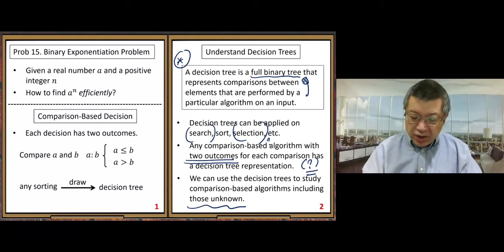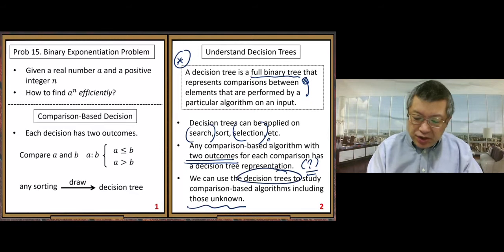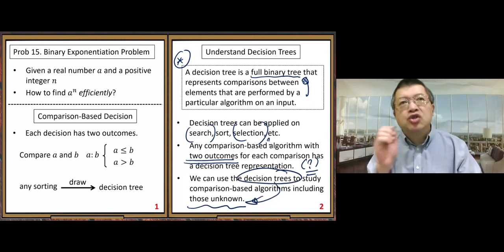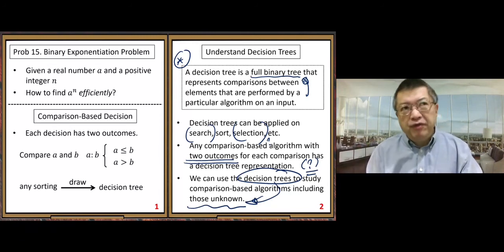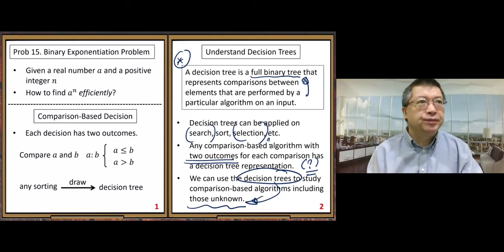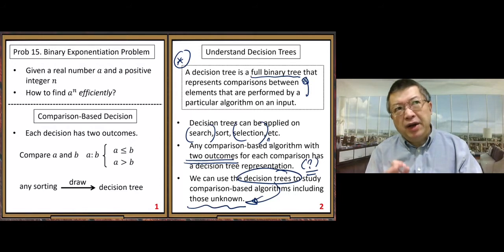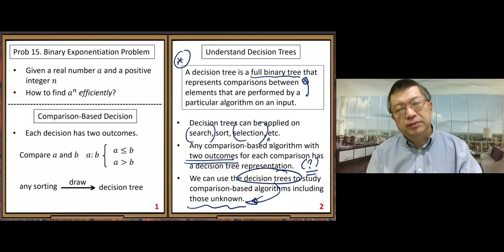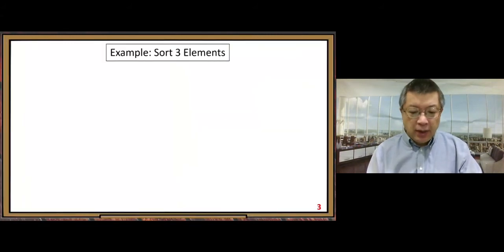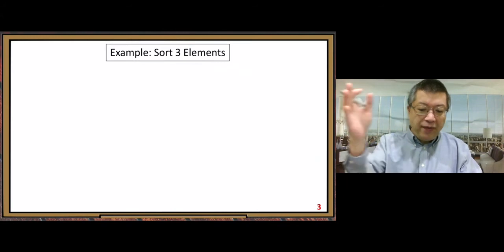In that situation, we can use decision trees to study those unknown sorting algorithms. If we have some time, I will talk about that special case. All right. Next, let me run that example.